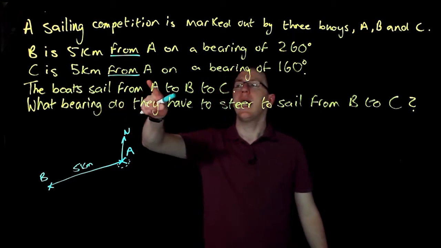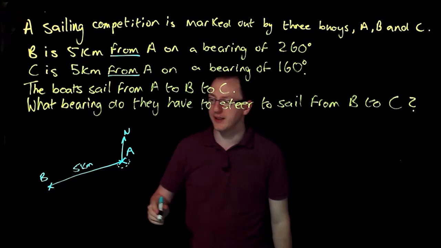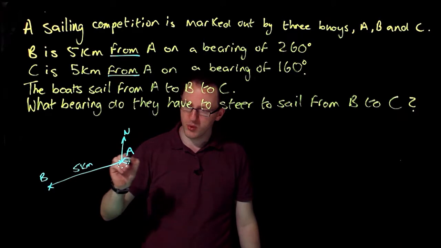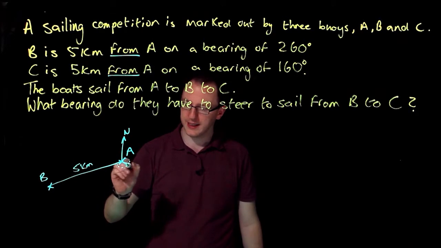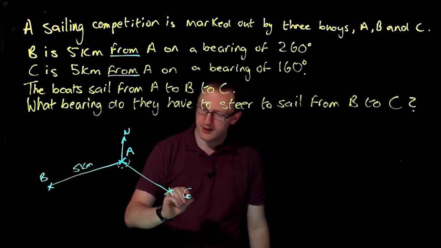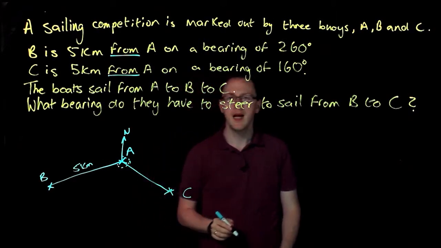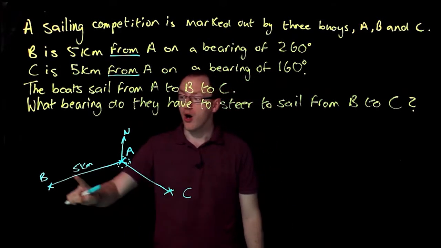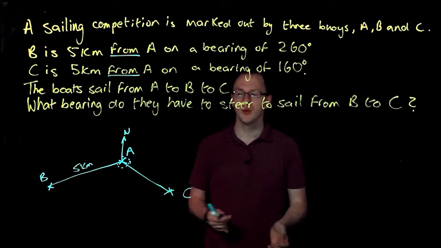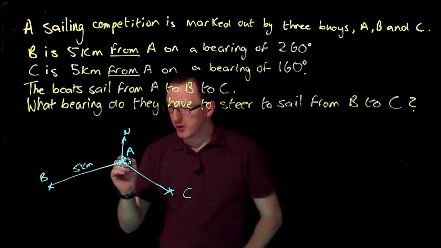I'm told C is 5 kilometers from A again, but in this case, it's 160 degrees. 160 is going to be more than 90, less than 180, so somewhere down there, say. There's C, and that's 160 degrees. And we're asked for the bearing of C from B. So let's mark in some of the angles.